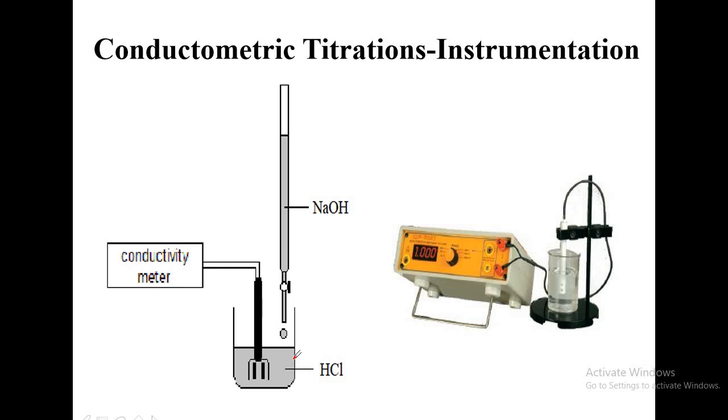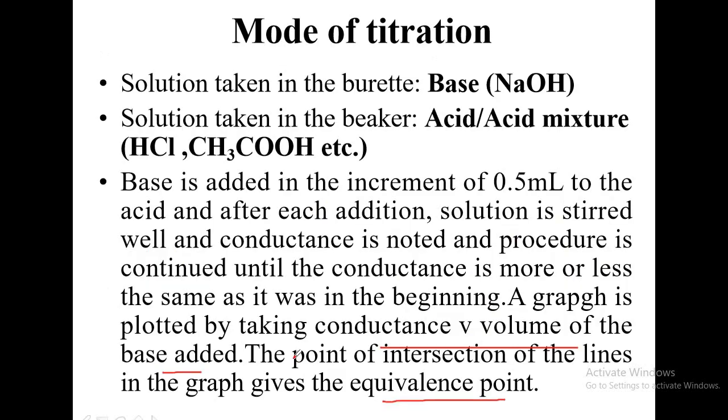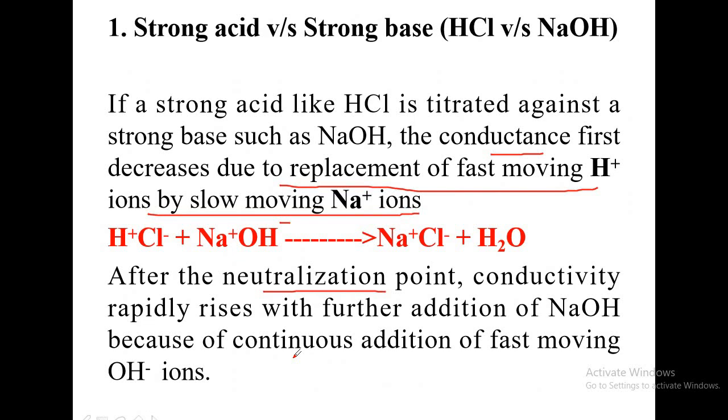When the number of OH minus ions increases, conductance increases. Moreover, OH minus ions have high mobility. So after the neutralization point, conductance steeply increases due to the continuous addition of fast moving OH minus ions.